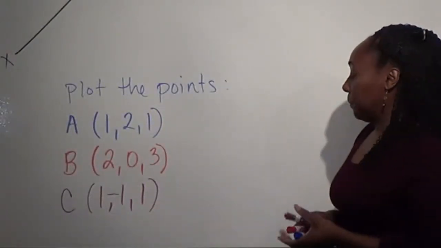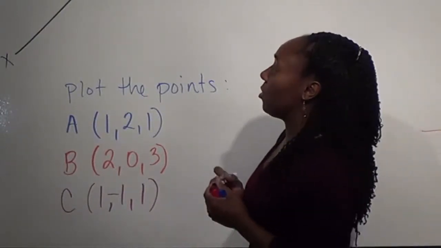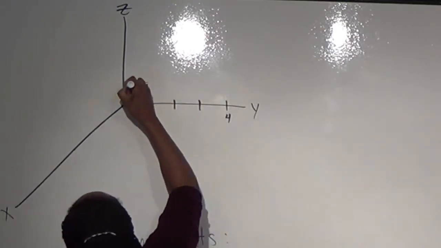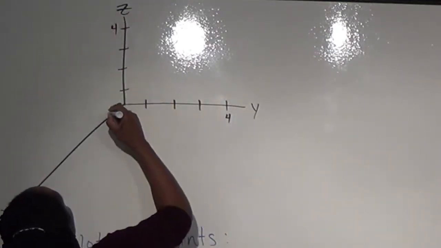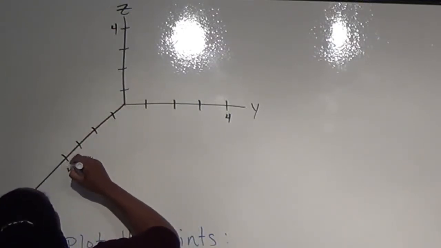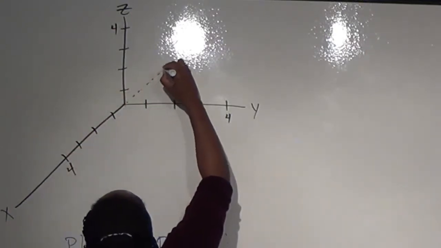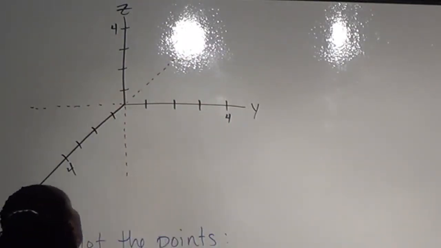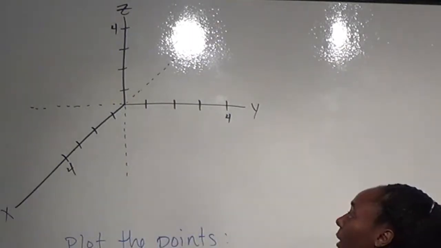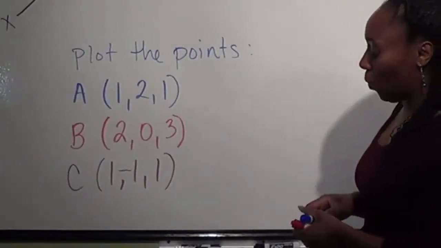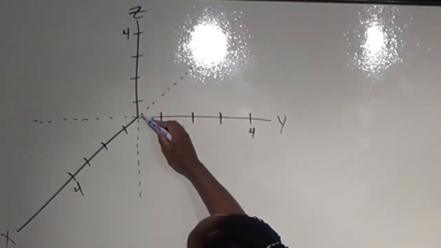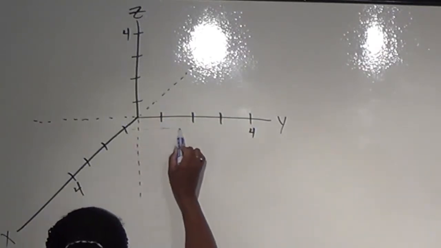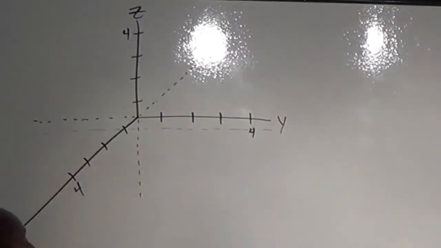So on these, in order to plot the points, I just need to orient myself on these axes. In some cases I may need the negative axes, which I'll dot in there with some dotted lines. So my first point, (1, 2, 1), means I'm going to go 1 in the x direction, and then I can think there's my x equals 1 line.